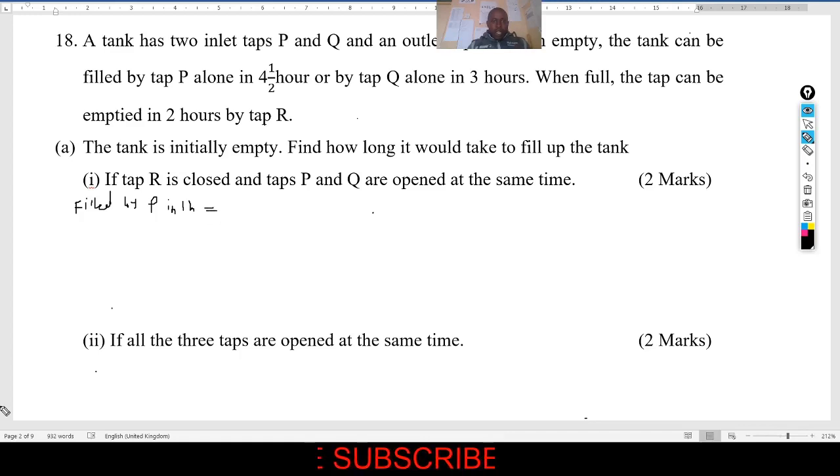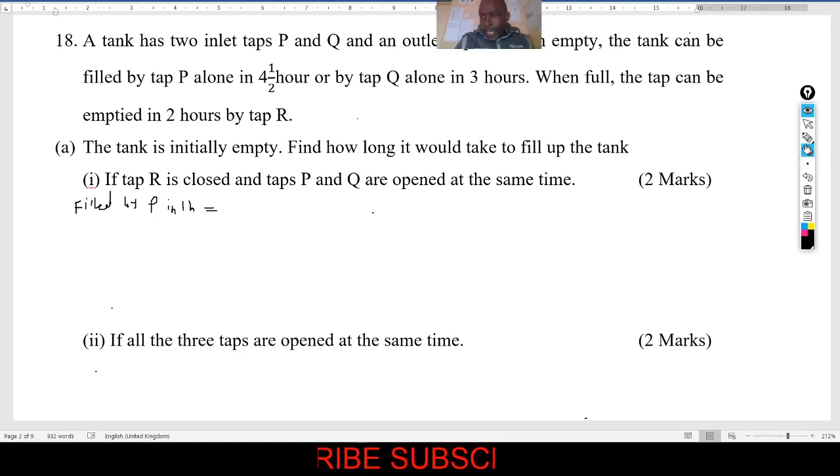Remember, P takes 9 over 2 hours to fill the tank. So in 1 hour, it is 1 over 9 over 2. 1 divided by 9 over 2 is the same as 2 over 9.